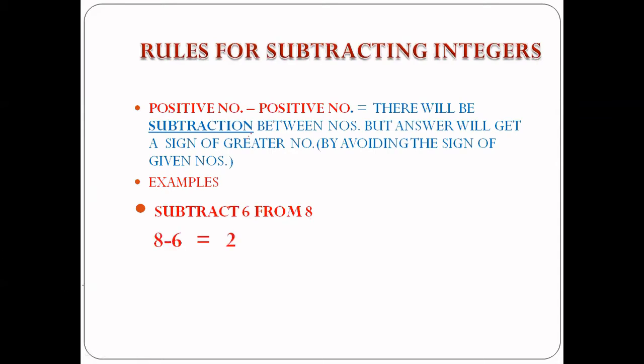So 8 is a positive number and 6 will become a negative number because 6 is getting subtracted from 8. So the answer will be 2, as 8 is the bigger number and 6 is the smaller number.